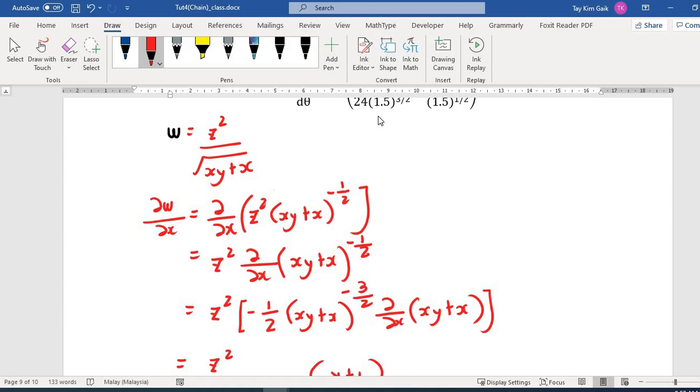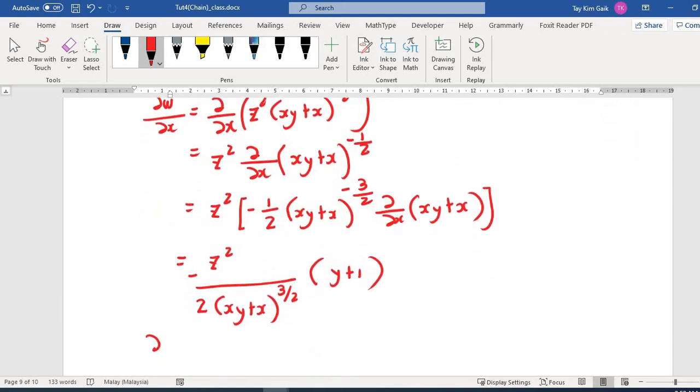So you del x of xy plus x power negative half. Remember, d dx of u power n is n u power n minus 1 du dx. Then use this rule. So you have negative half, xy plus x to the negative half minus 1, so negative 3 over 2. So you del x of xy plus x, you get y plus 1.